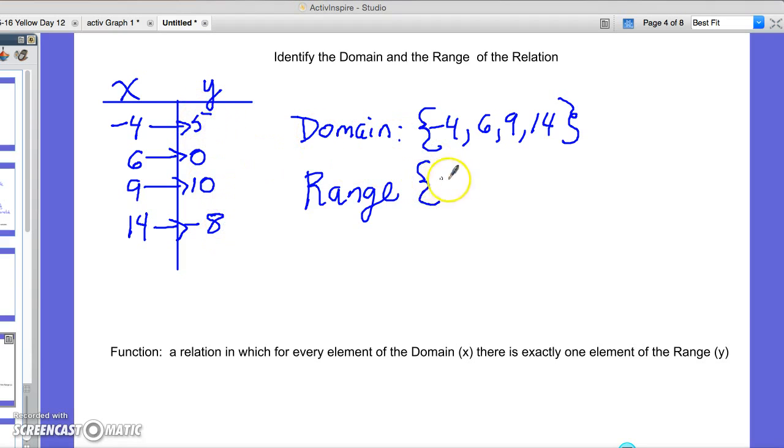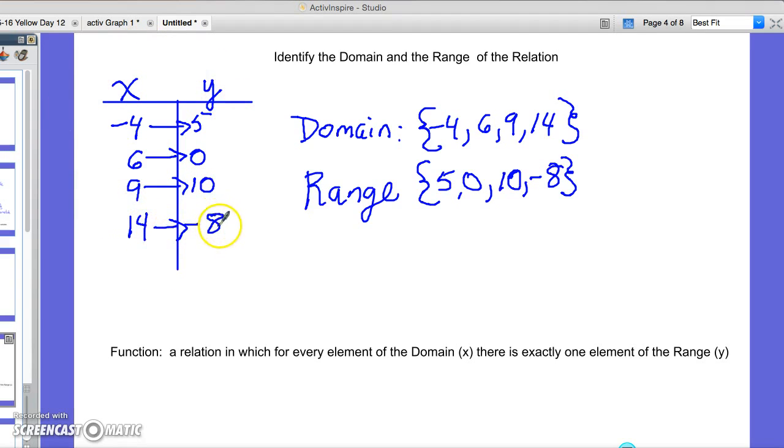So I list those off. 5, 0, 10, and -8. Those are my values of my range. Again, just list them from the chart. All right, so this is a relation.